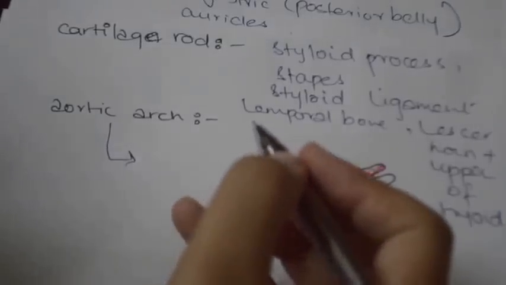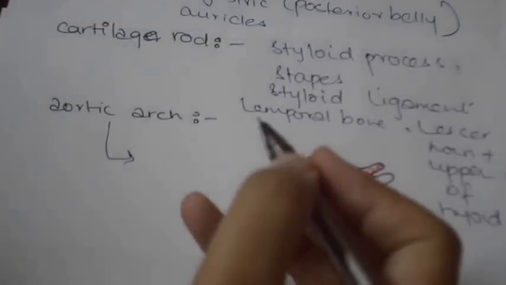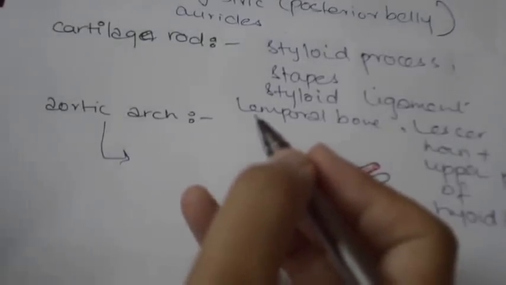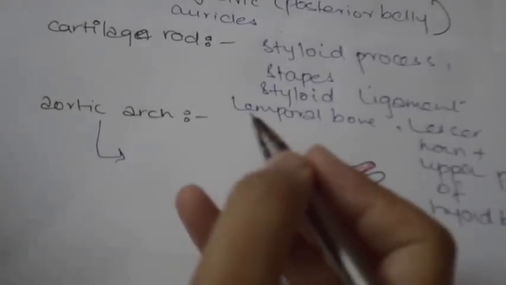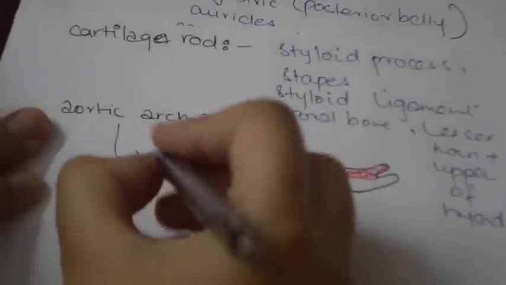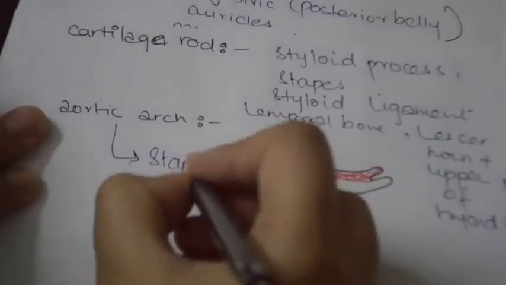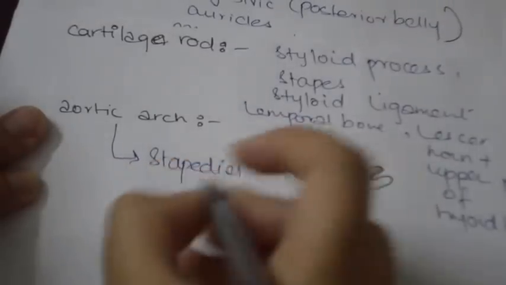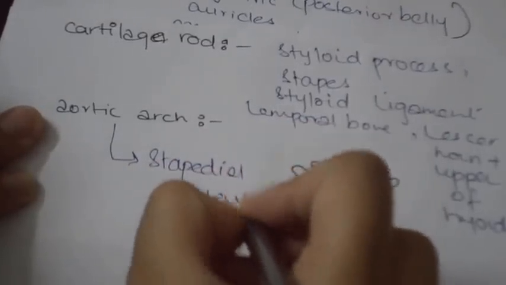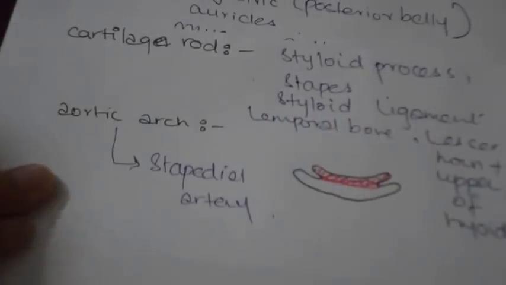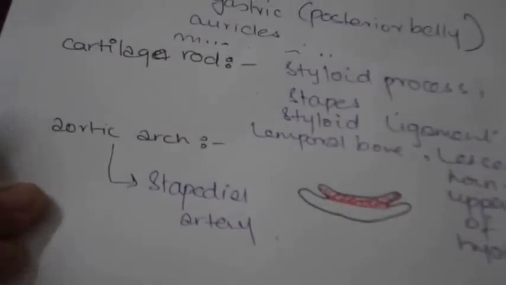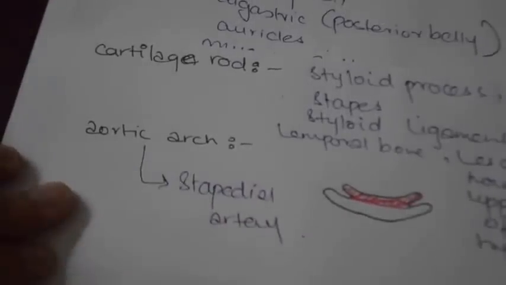The aortic arch of the second arch, that is a hyoid arch, is the stapedial artery. You can remember it by stapes because stapes wasn't in the first pharyngeal arch, and it is over here, so you can actually remember it by this.